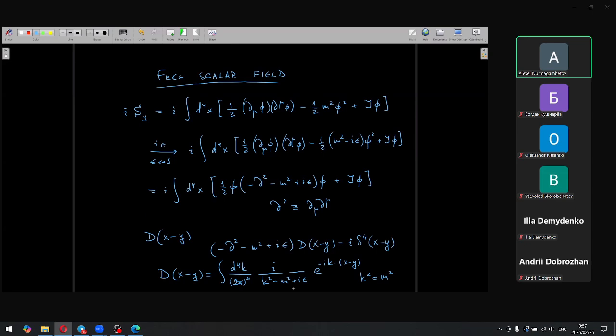And formally, the Feynman propagator D of x minus y is the inverse of the Klein-Gordon operator, so that we can formally use the following relation between the Feynman propagator for the scalar field and the Klein-Gordon operator: minus d square minus m square plus i epsilon, inverse.